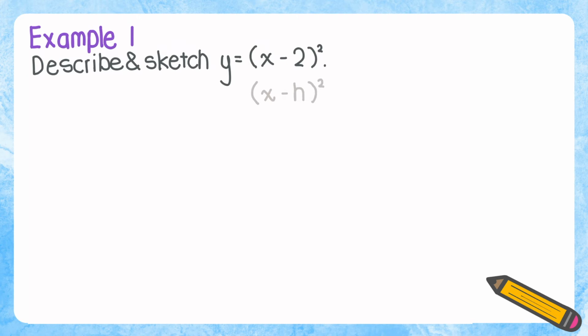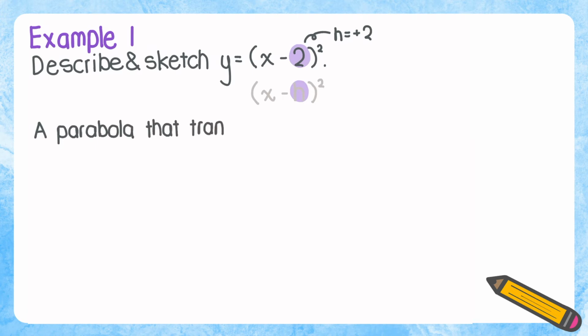Notice that they're written exactly the same way, and h is replaced by 2. So in this case, h is positive 2. Since h is positive, the parabola is going to move to the right. So we have a parabola that translates 2 units to the right.